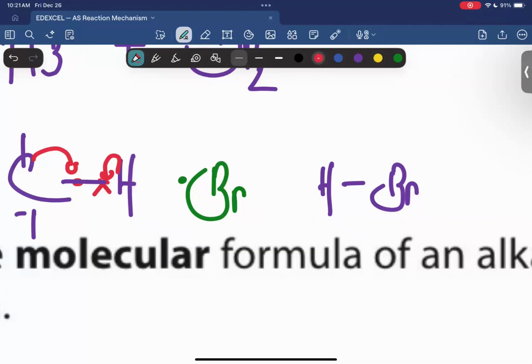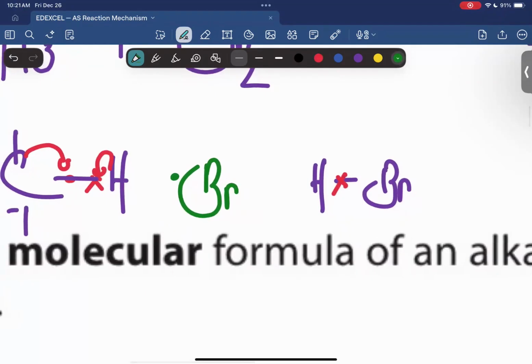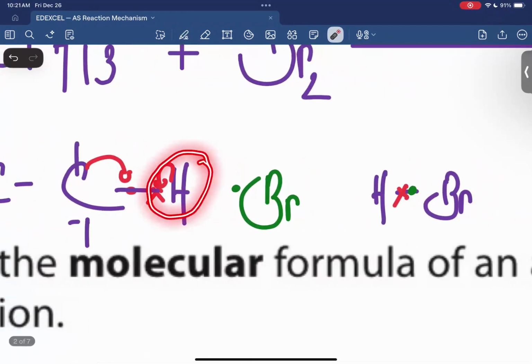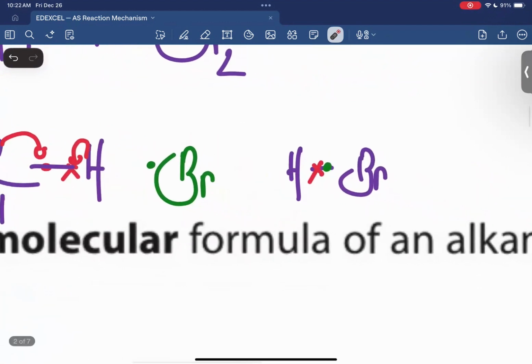Because this free radical substitution can get complicated as per some of the students' opinion. So the hydrogen's electron would be here and the bromine's electron would be here. Now there were initially two electrons over here, right? But hydrogen took its electron and bonded with bromine. So what are you now left with?